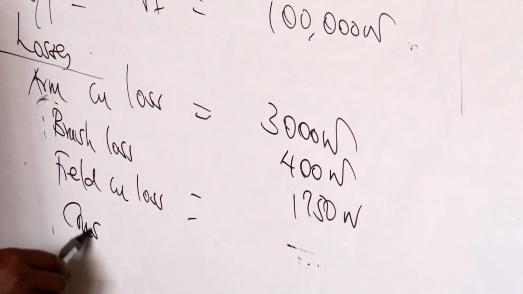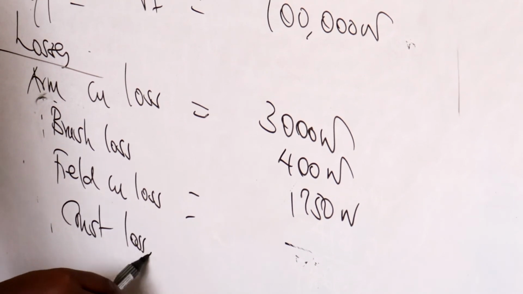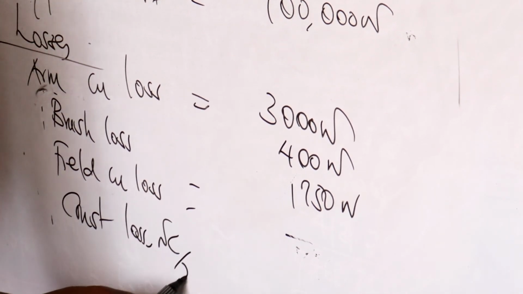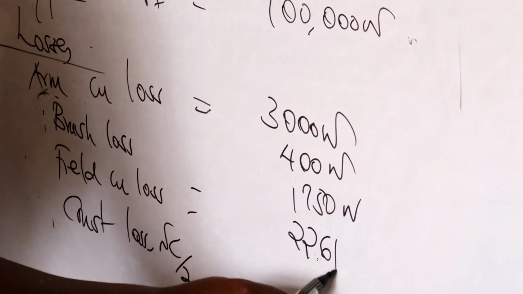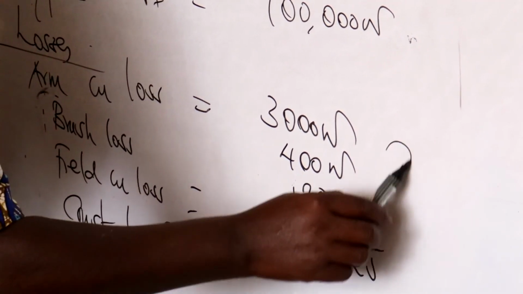Constant loss, W_C divided by 2, 2261.25.